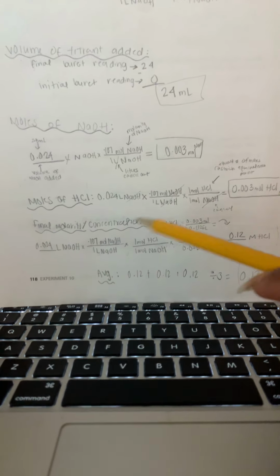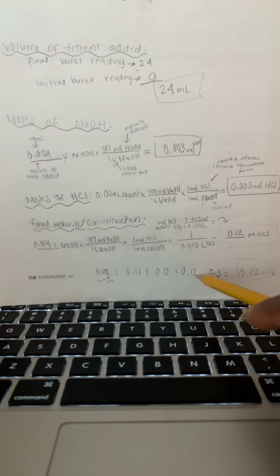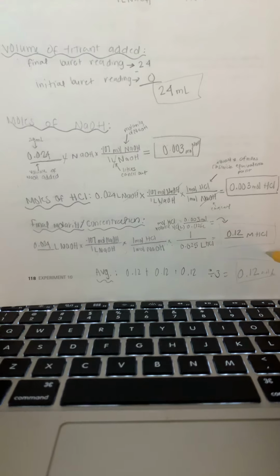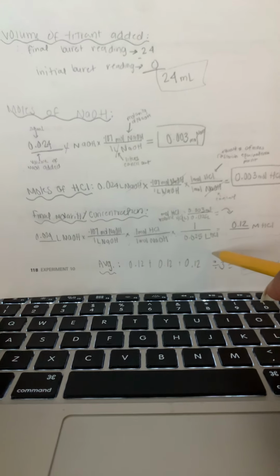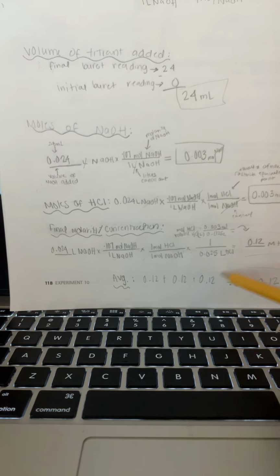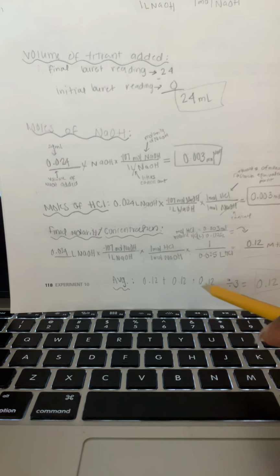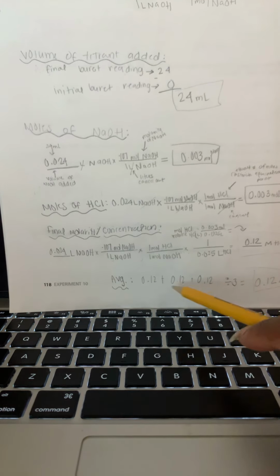To get the average now, we had to add the three trials up and divide by 3. So to get these 3 numbers from the trials, this is the molarity of hydrochloric acid.